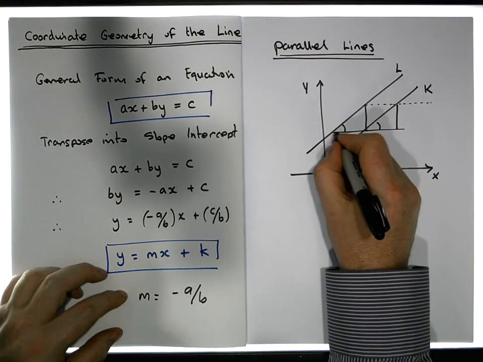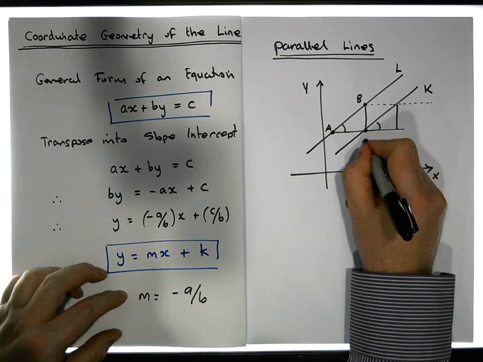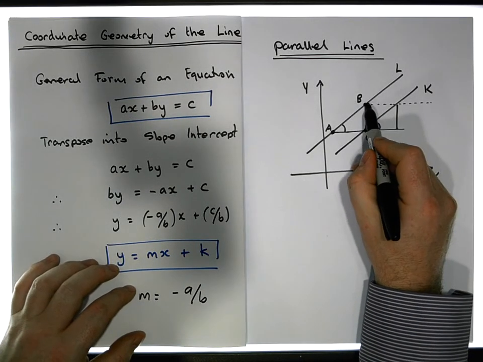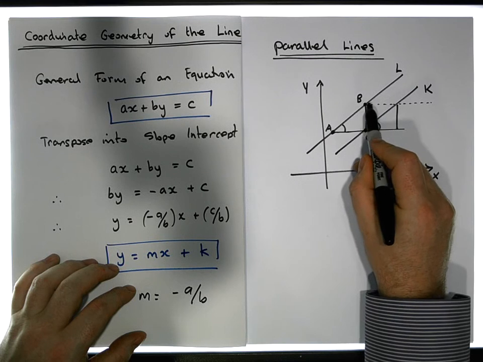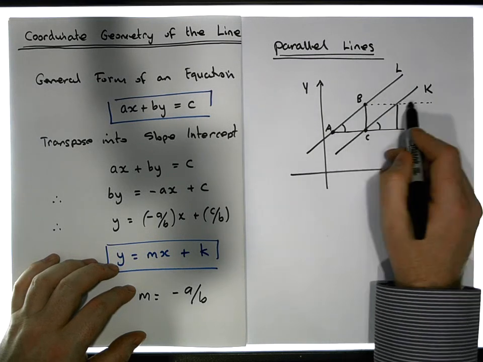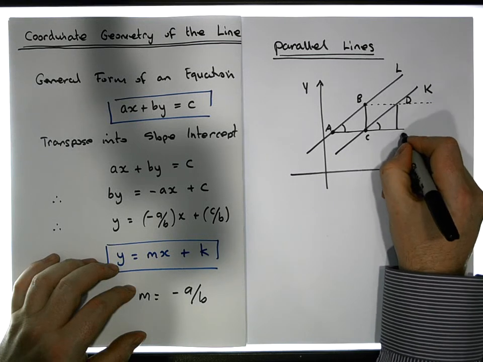Let's call this point A, this B, and this C. Let's continue B through, parallel to AC, which is parallel to x, to this point over here. Let's say D, and let's drop a perpendicular, E.